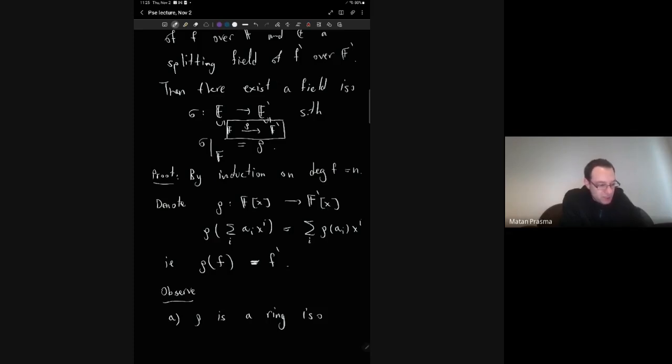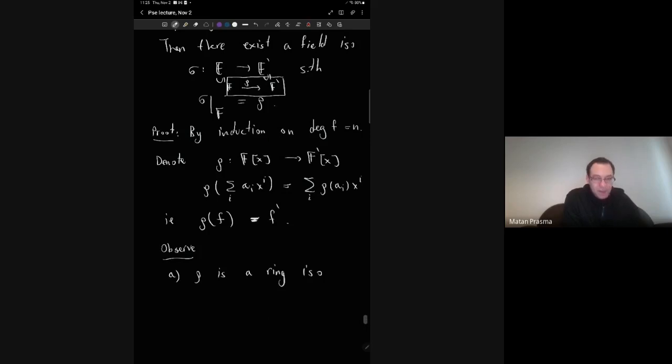So this extended rho must also be bijective. Is this clear? Why this extended rho is a ring isomorphism?